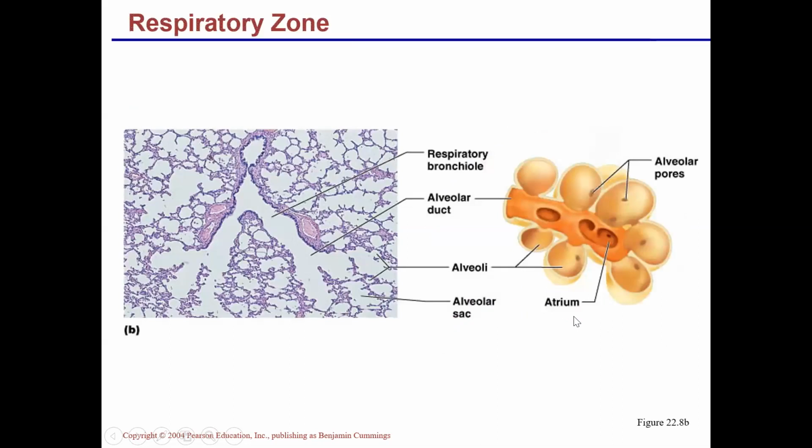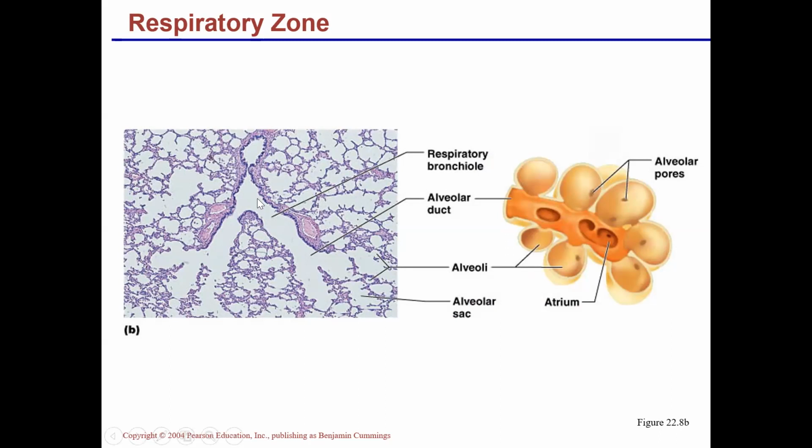Okay. Histology picture for the respiratory zone right here. So this is called a respiratory bronchiole, because on this wall you can see a little bit of alveoli attached to it.